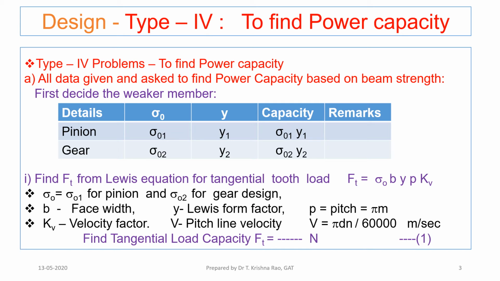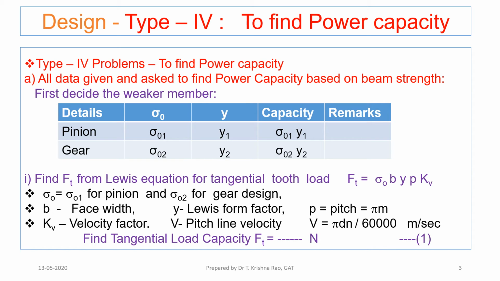Once you know whether the pinion or the gear is weaker, find the tangential tooth load as per the Lewis equation, Ft = sigma 0 by pkv, equation 23-93, which we have already used earlier. This is calculated for the weaker member. All the values are given: face width, pitch, module, diameter. So we can easily find what load the gear can withstand.